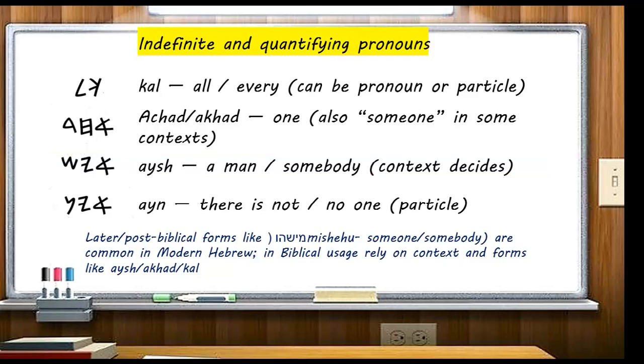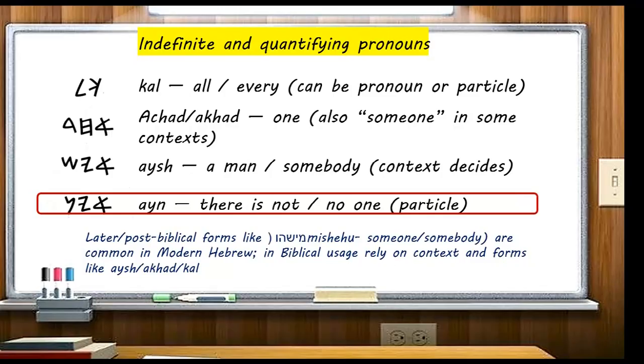Finally, we have here ayin, and this would translate to there is not, or you may see no one. So there is not or no one. All right. Now, in later or post-biblical forms, words such as mishehu would mean someone or somebody.